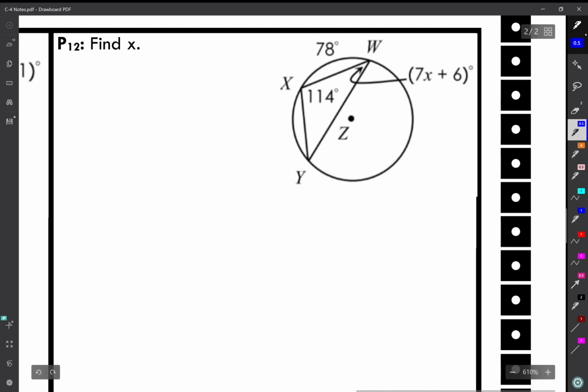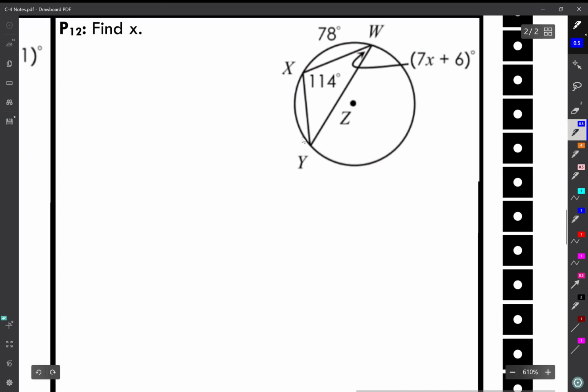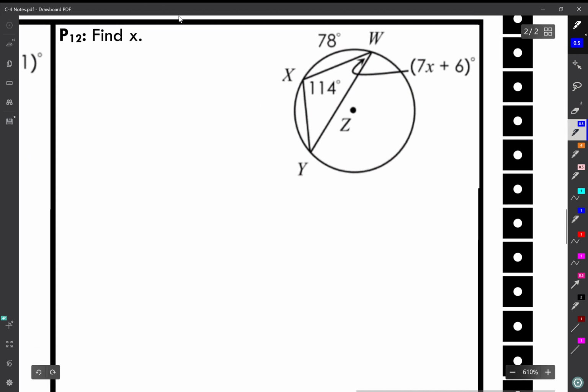Number 12. All right, this one's a tad bit harder, but not too much. What my plan is here: I know that this arc right here that I just drew is the intercepted arc of this angle right here.